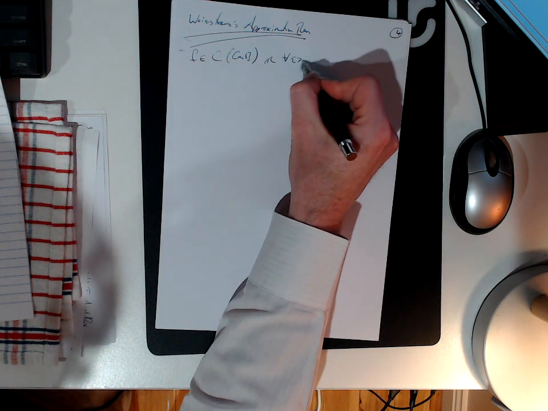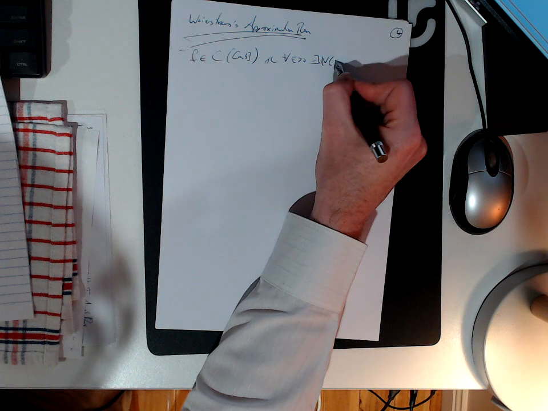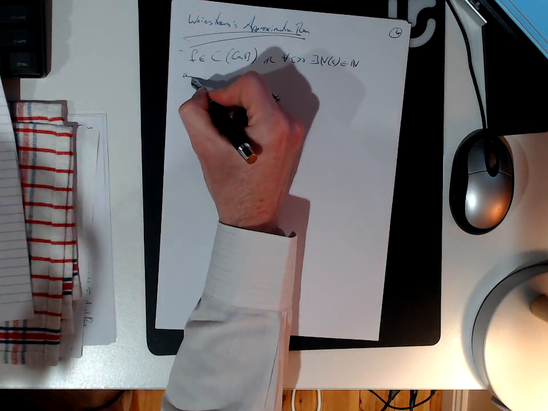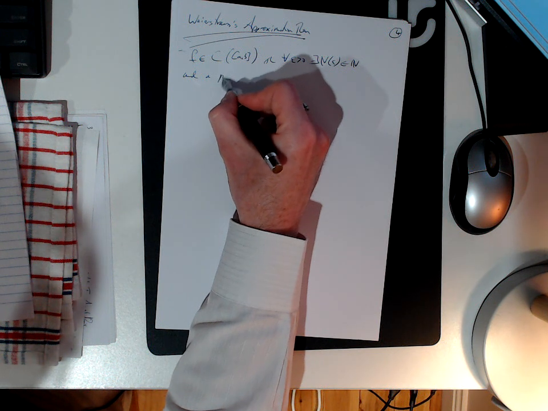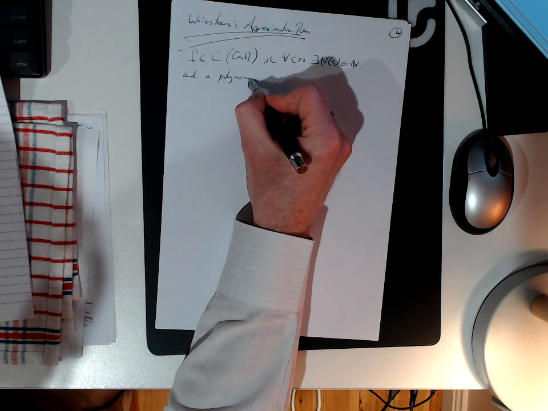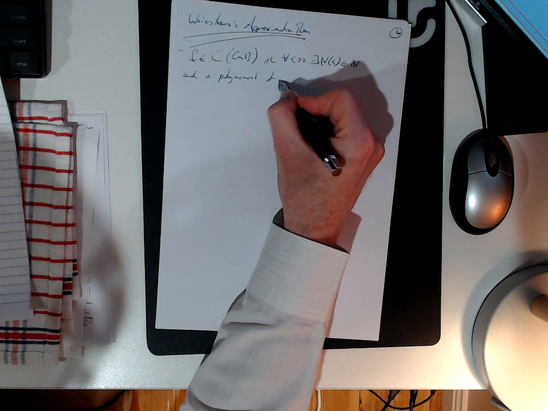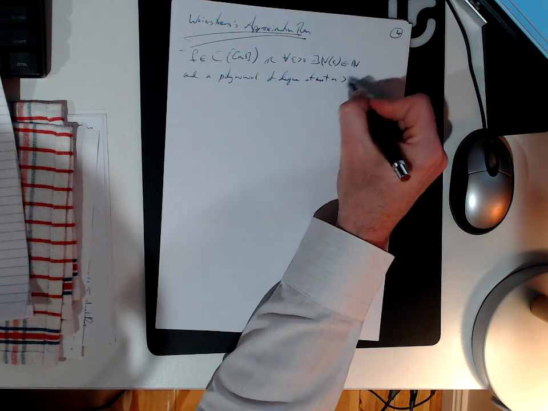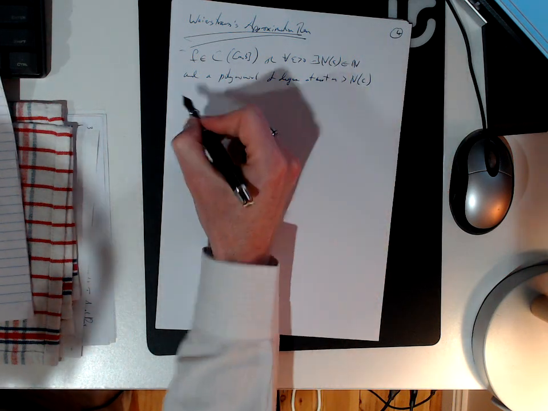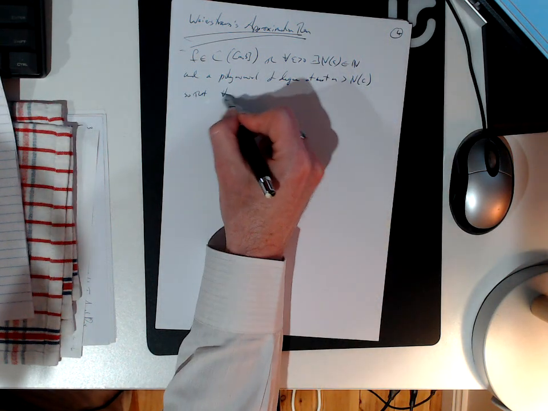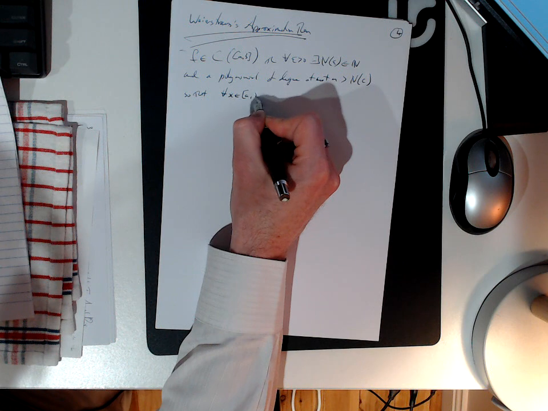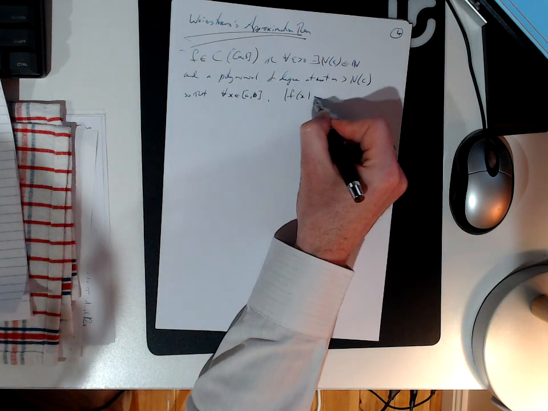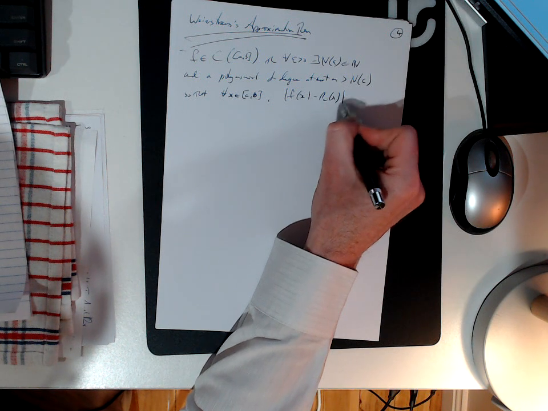Then for all epsilon greater than 0, there exists some n, which depends upon epsilon, inside the natural numbers, and a polynomial of degree at most n, bigger than our capital N, so that for all x inside [a, b], |f(x) - P_n(x)| is less than epsilon.